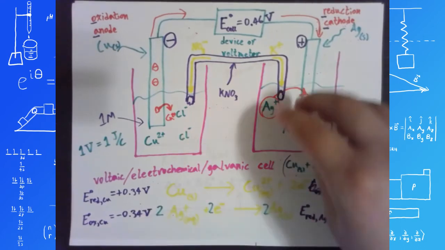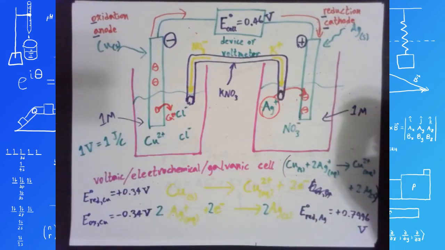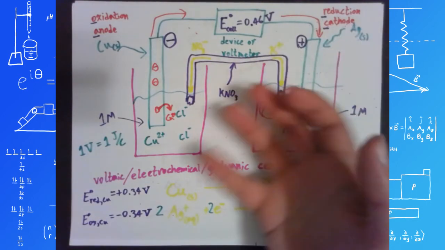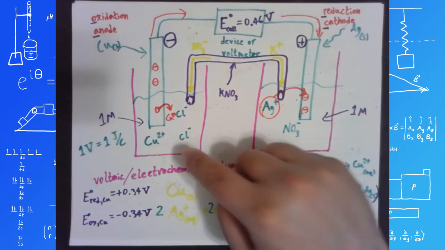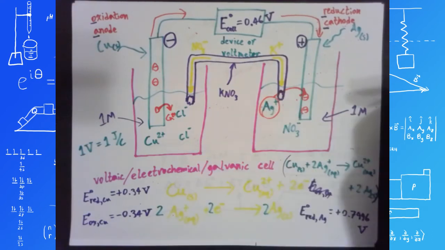But that's actually why we have to split them into two compartments. We can't just mix your silver nitrate and copper chloride solution into one big vessel. First of all, the chloride would precipitate with the silver, which is no good.